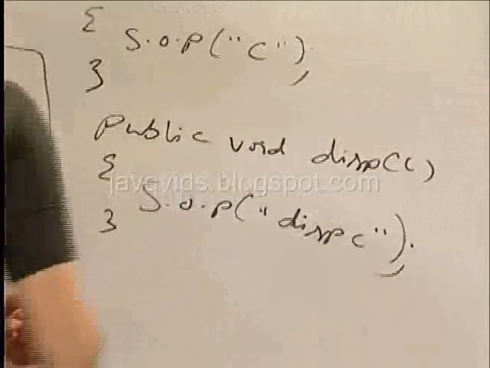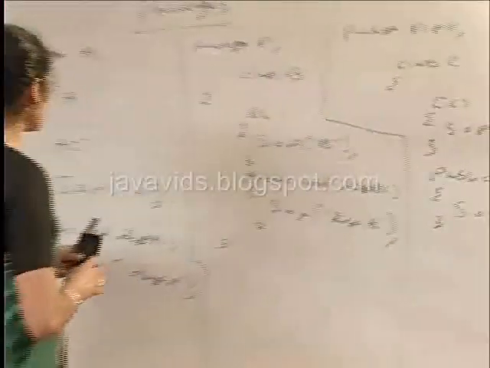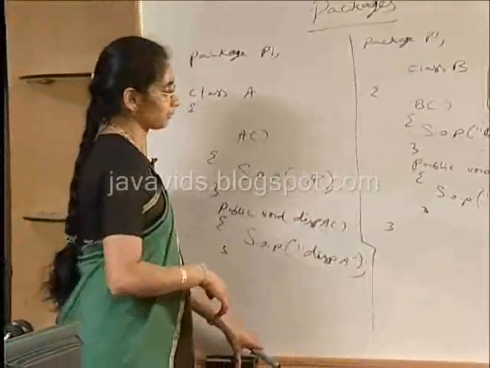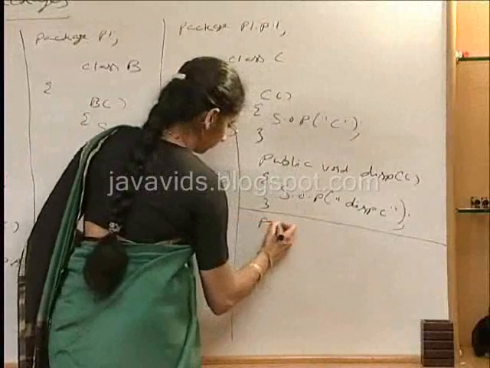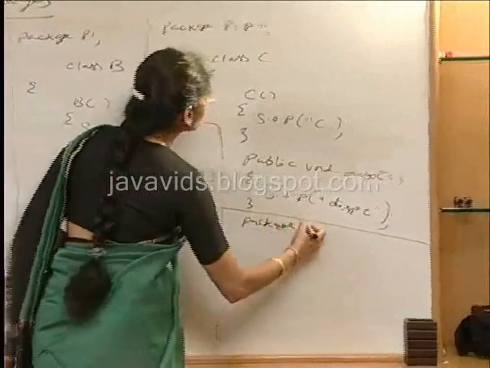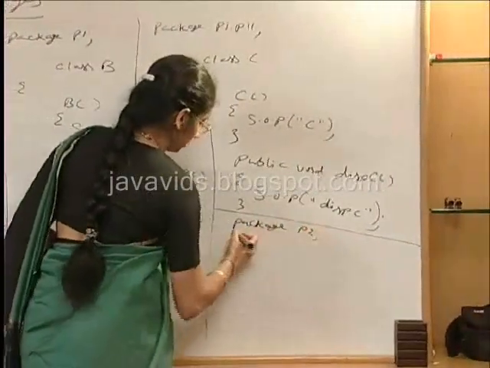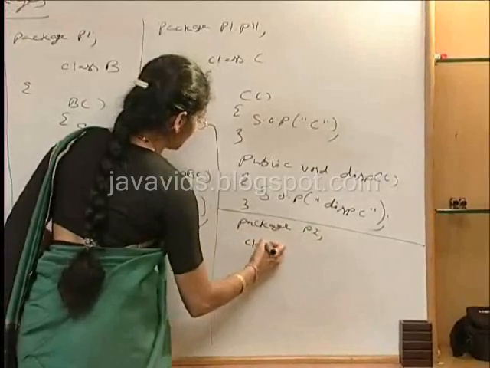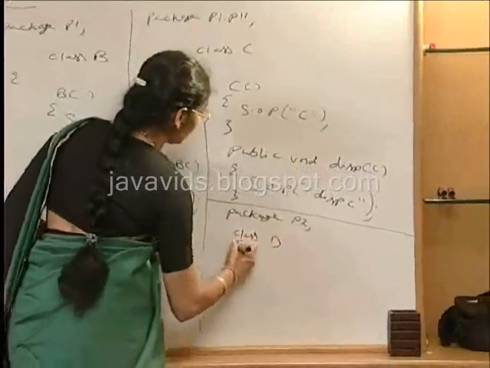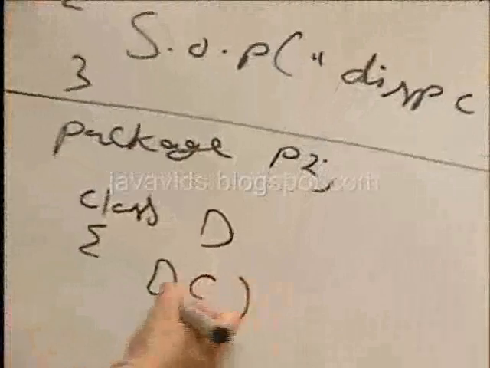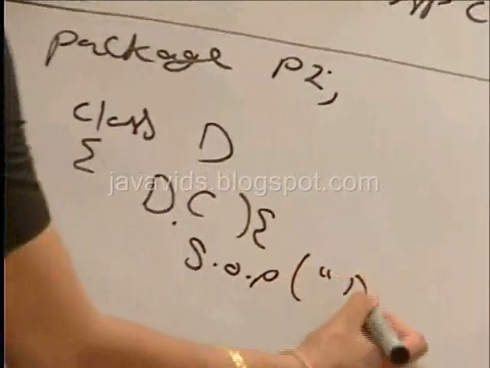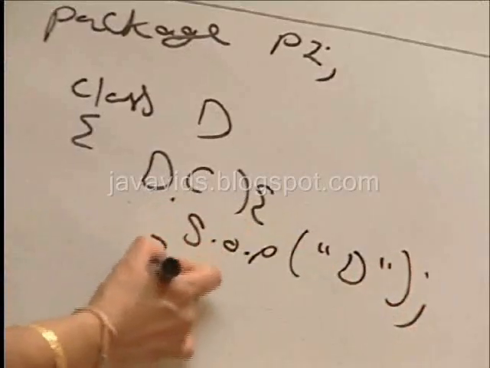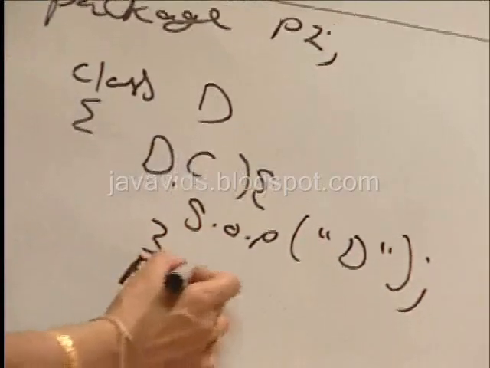Let's assume that we have one more package P2 which has class D which also has a constructor and a disp method.